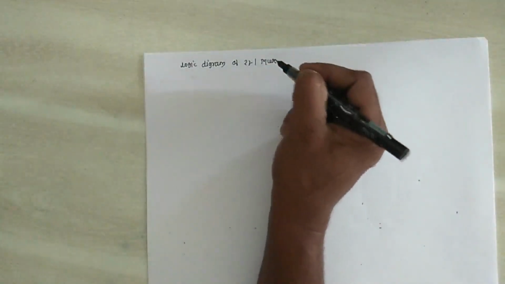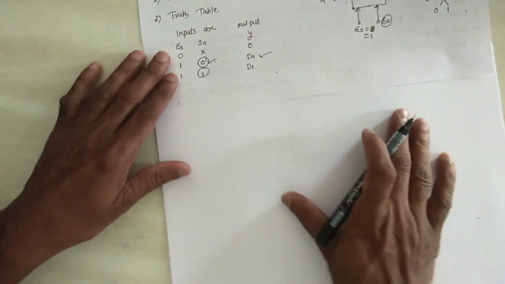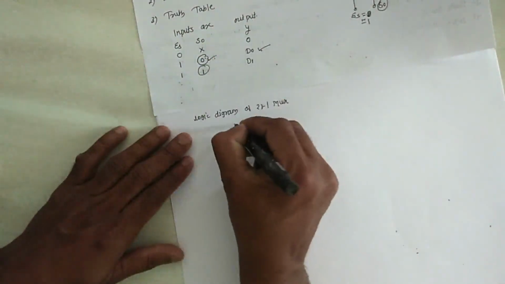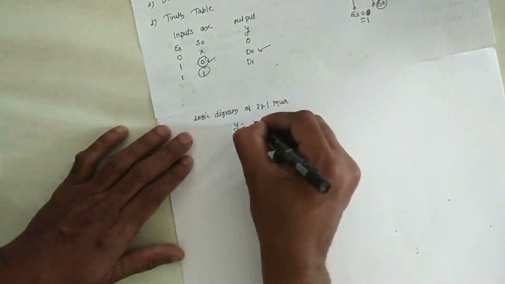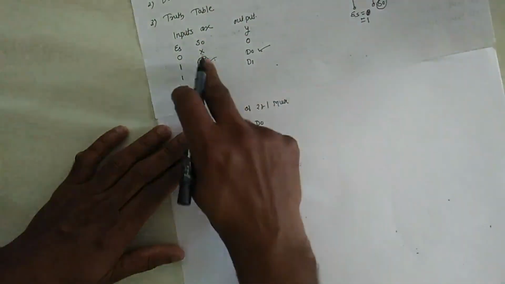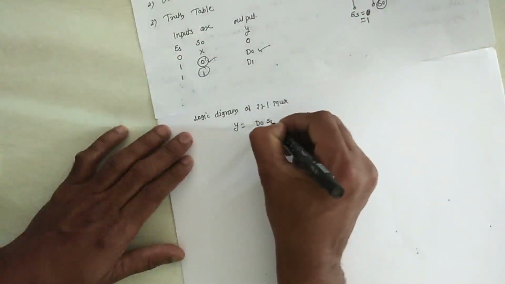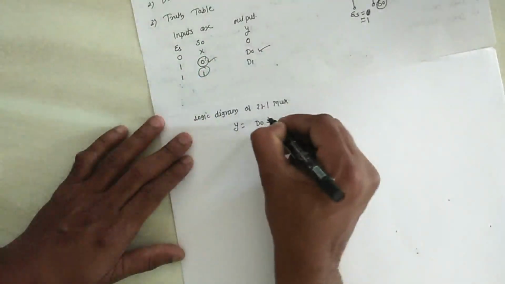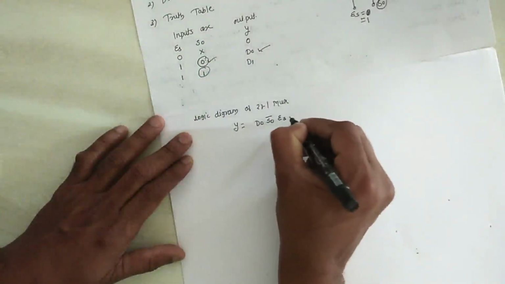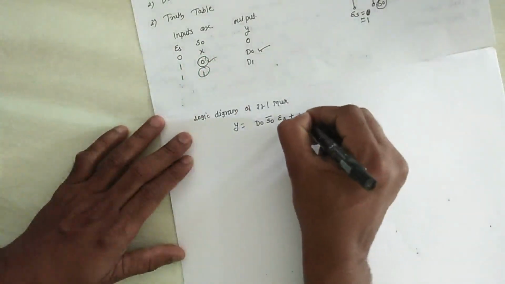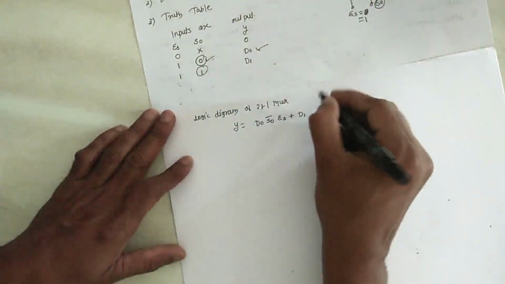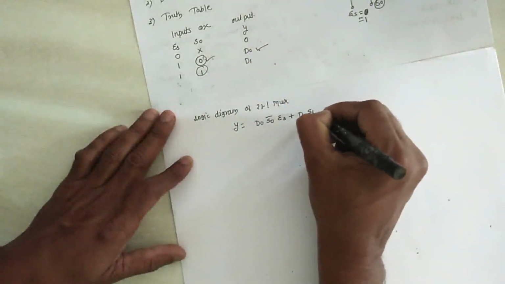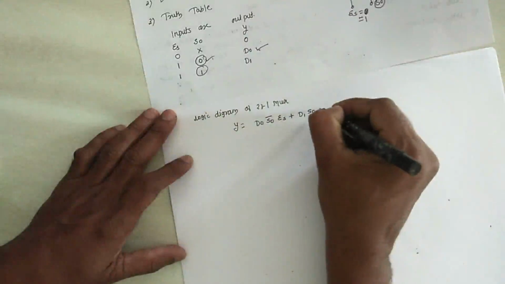Okay, to draw a logic diagram of 2:1 multiplexer, we have to just go through a truth table. Y is equal to D0 into S0, value is 0, so S0 bar into ES, plus for D1 into, what is the value of S0, it becomes 1, so we are taking non-complement variable, so it will be S0 and here ES again.